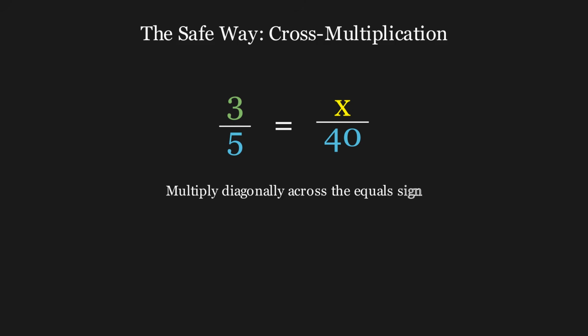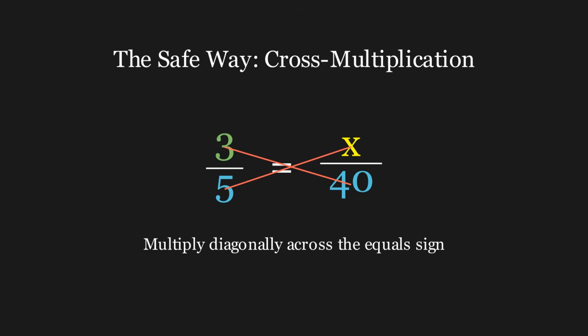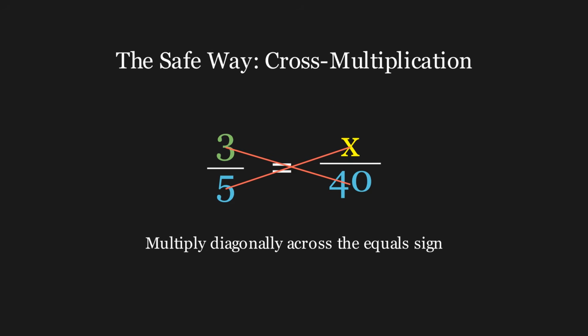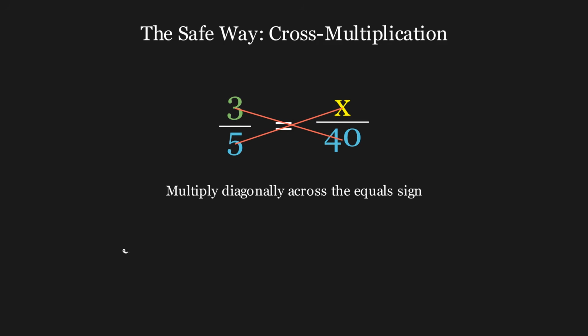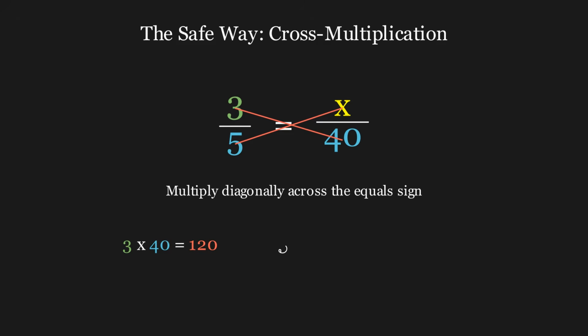Now the safe way, for when the numbers aren't as clean and you can't spot the scale factor by eye, this is where cross multiplication comes in. Cross multiplication is just a shortcut for solving a proportion. When 2 fractions are set equal to each other, you multiply diagonally across the equal sign. Top left times bottom right, and bottom left times top right, and those 2 results are equal.